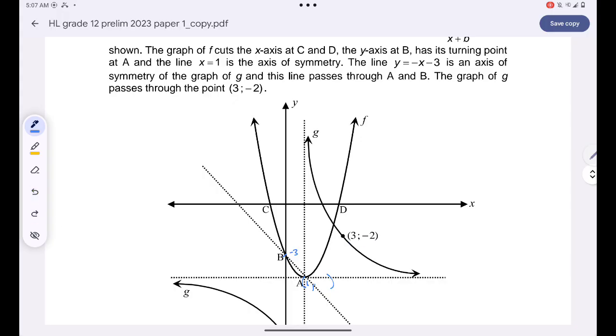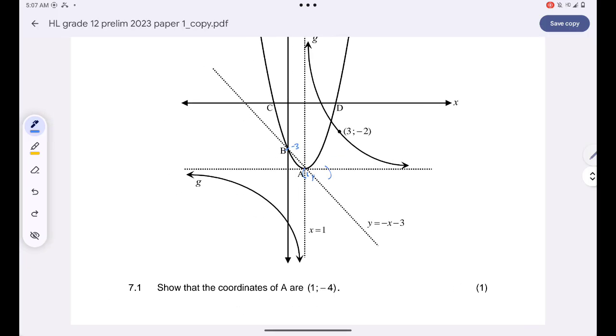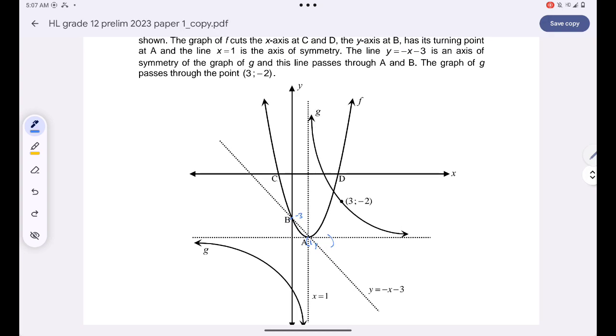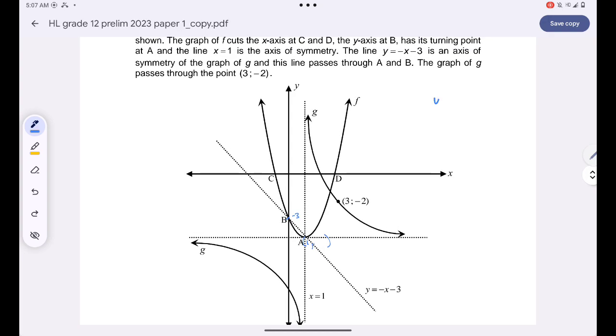Okay, the first thing they want us to do, guys, is to show that the coordinates of A are (1; -4). Remember that, guys, A also lies on the line y = -x - 3, right? So we want to find y if x is equal to 1. I know the x value at A is equal to 1, so I want to find the corresponding y value. Therefore, y is just equal to -4.